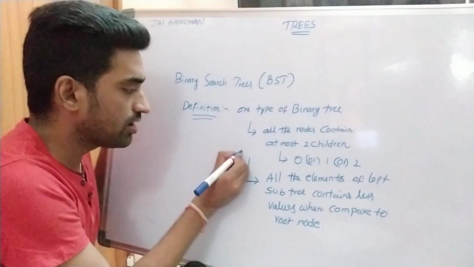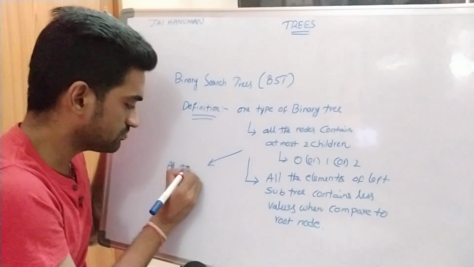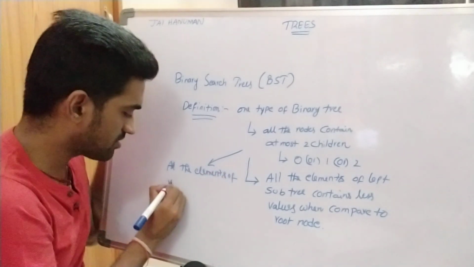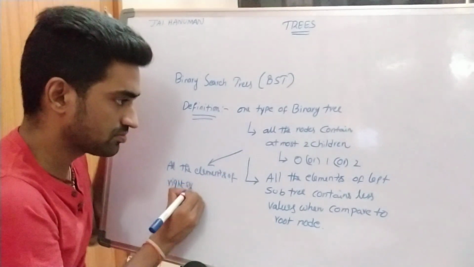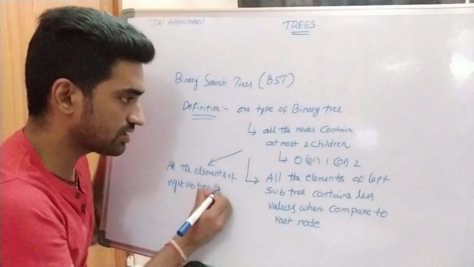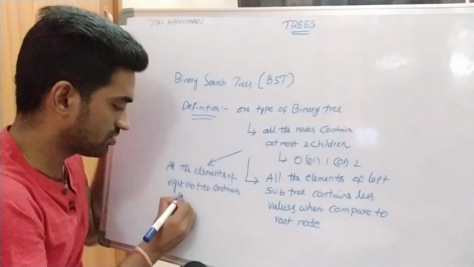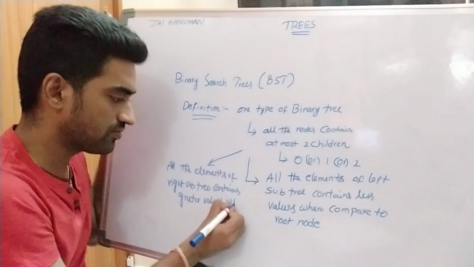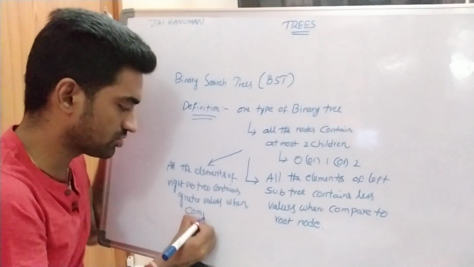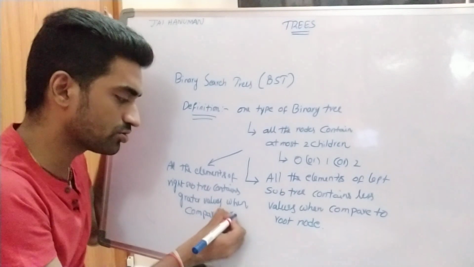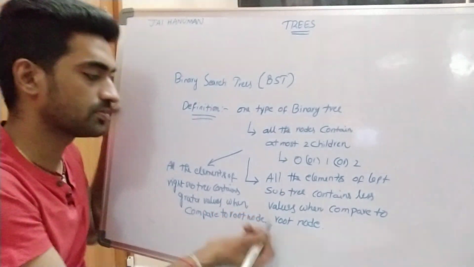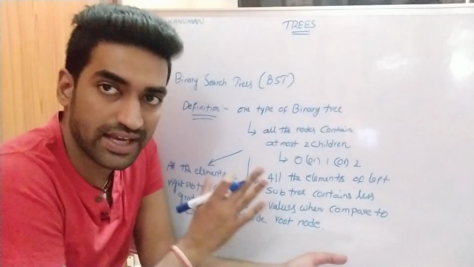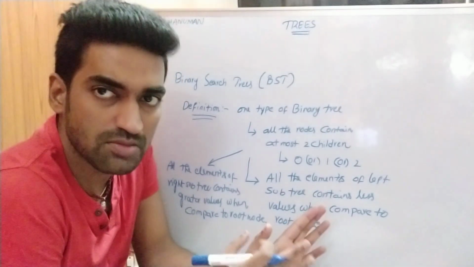And all the elements of the right subtree contain greater values when compared to the root node. In addition to that, these two properties are also satisfied by the binary search tree. Then only we can say that the tree is a binary search tree, right?